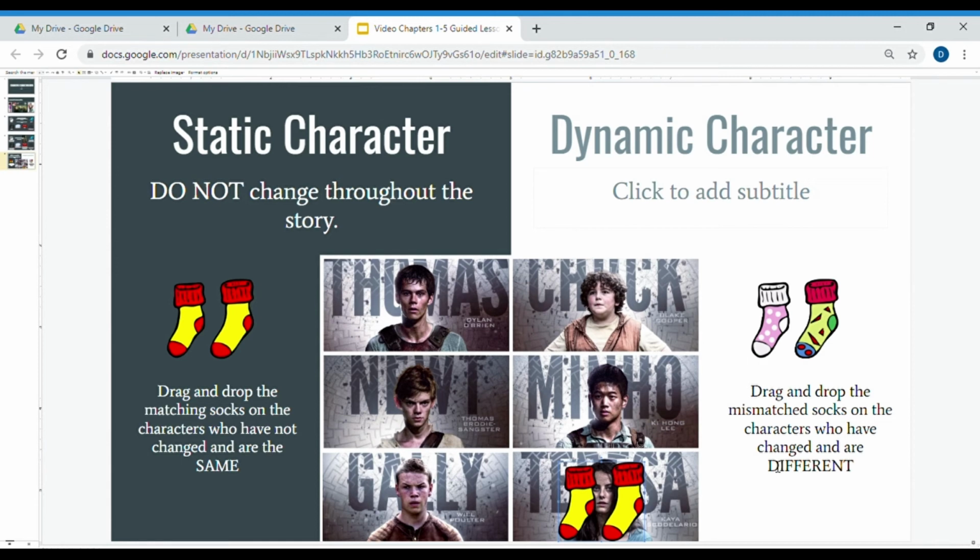Another static character throughout the first book of the Maze Runner series was Minho. So Minho is a static character. The entire book, he's always doing what's best to get all the Gladers out of the maze, whether that was to nominate Thomas to be the keeper of the runners or to just go out there and run every single day.